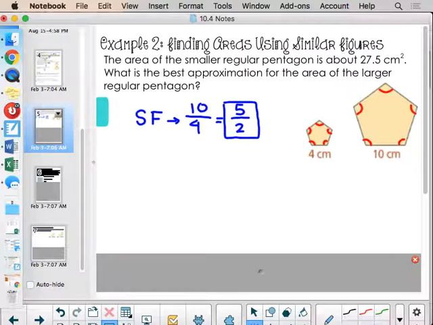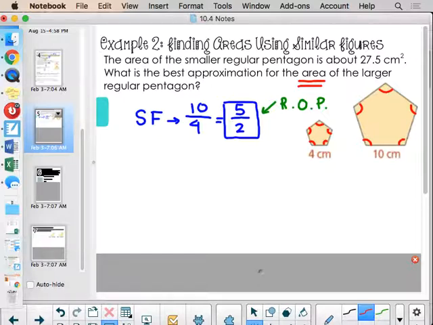Scale factor is the same thing as which ratio? Perimeter or area? Perimeter. Okay, so just as a side note, this is also the same as the ratio of the perimeters. Okay? My whole question, though, is dealing with area. So if I'm dealing with area, what do I need to do to my scale factor to get the ratio of my area?